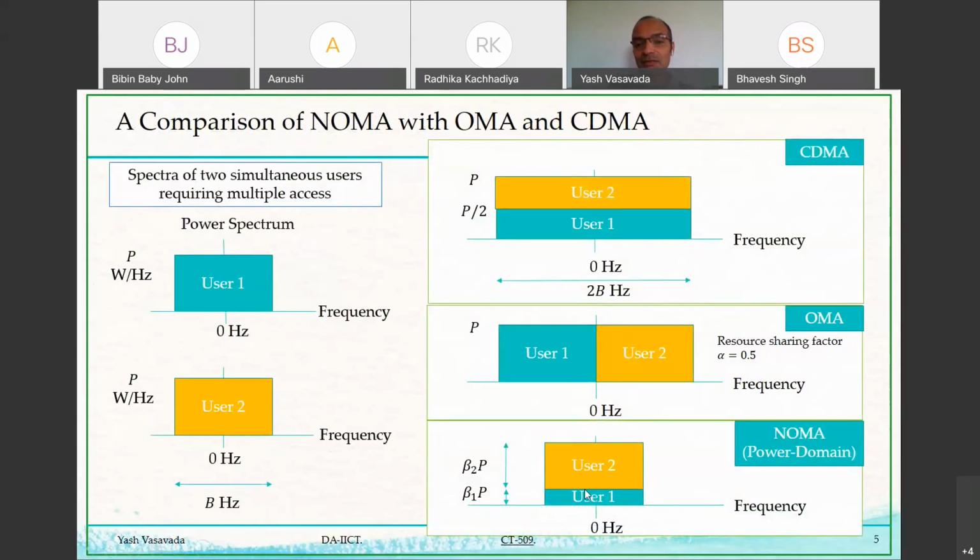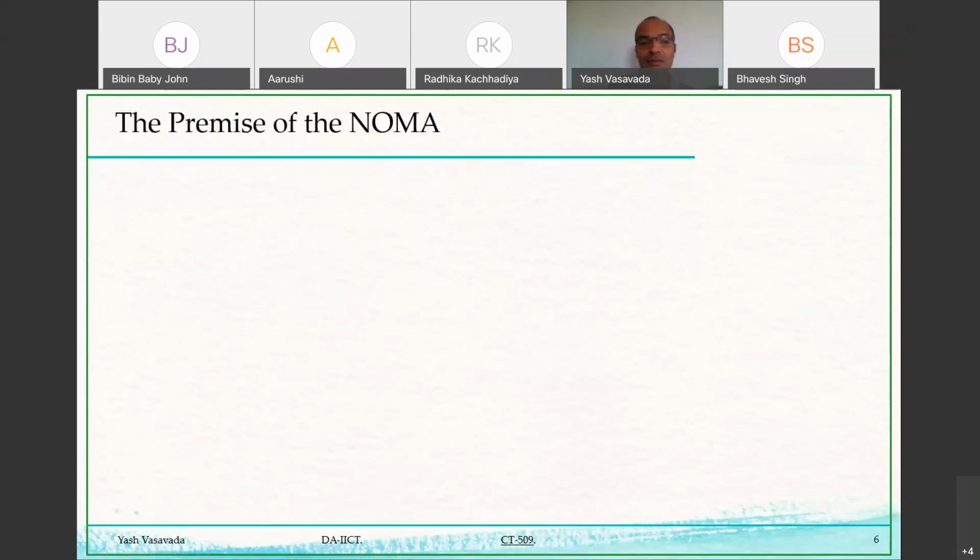Basically, you are improving the bandwidth efficiency, and that is obviously the desired objective. But that objective in the earlier technology was not considered feasible. And that is why the earlier technologies, CDMA and OMA, ended up using more bandwidth than NOMA uses. So how did NOMA achieve something that seemed impossible to the designers of OMA and CDMA?